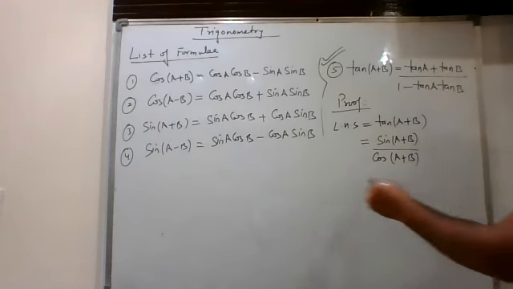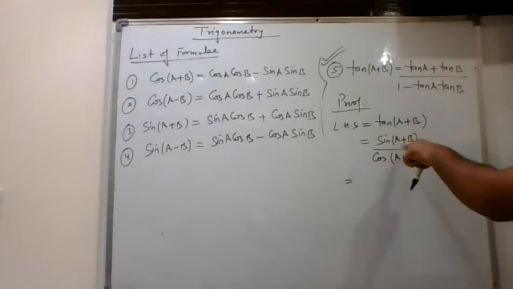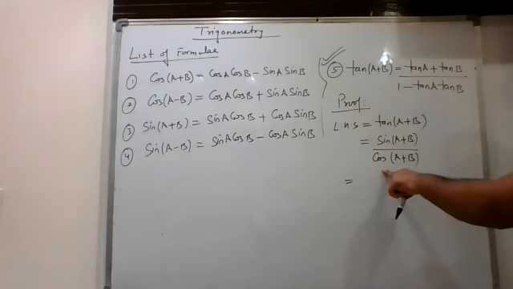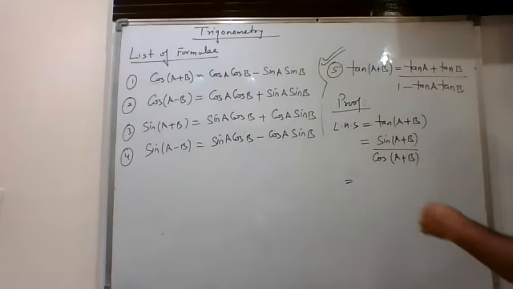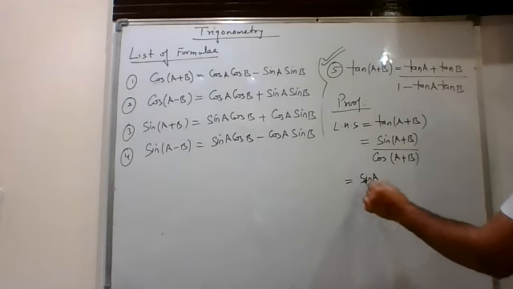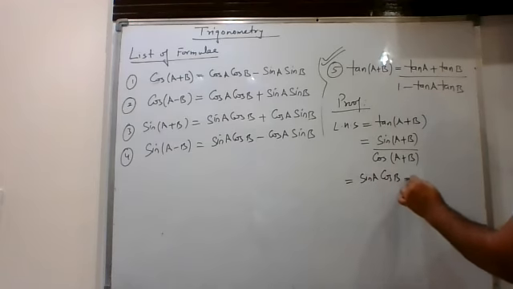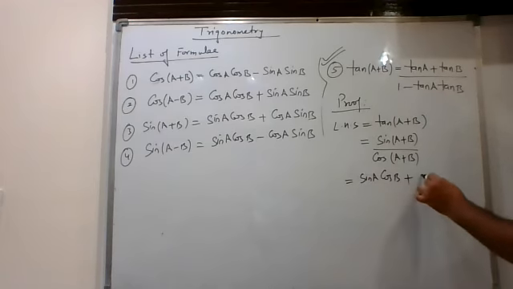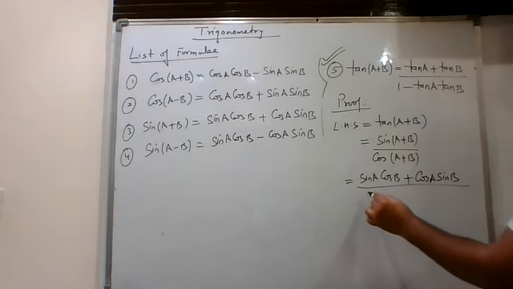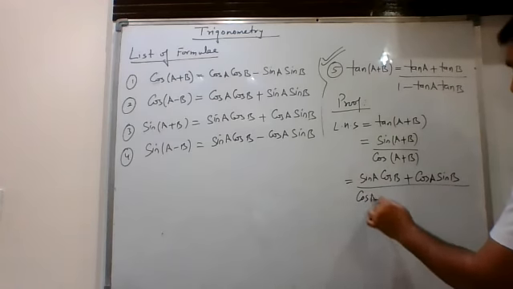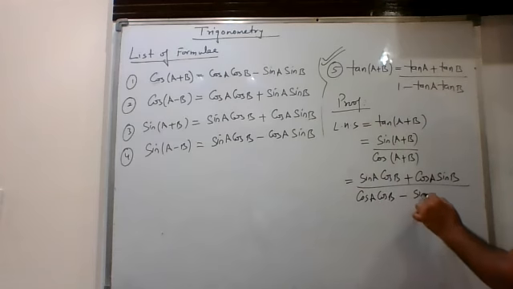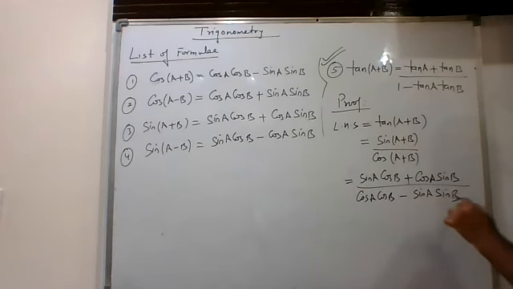After that, in the numerator you can use formula number 3, and in the denominator you can use formula number 1. So this can be written as (sin A cos B plus cos A sin B) upon (cos A cos B minus sin A sin B), by applying formulas number 1 and 3.